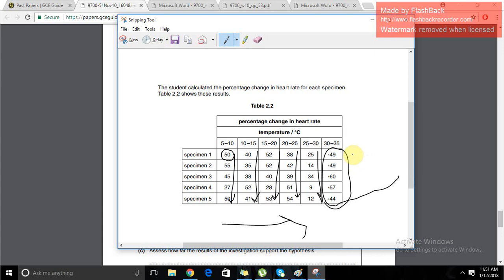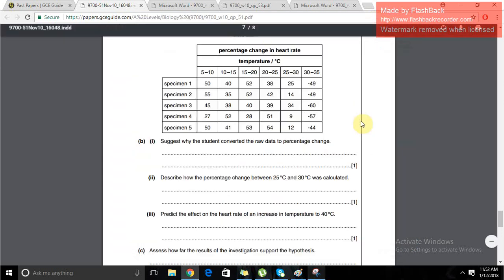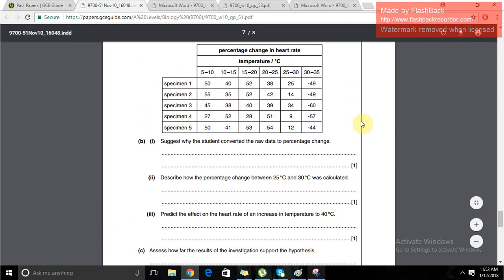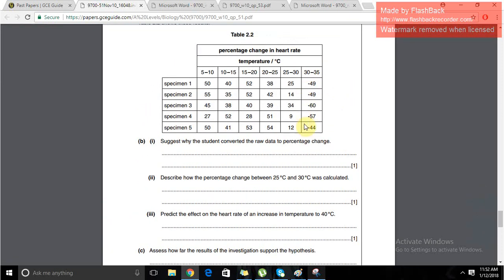But it might actually be a greater decrease, because at these high temperatures it is possible that the enzymes are denaturing and the organism is dying. Or a similar trend may be followed, and from 35 to 50 there is a decrease but by a smaller amount, say minus 45.